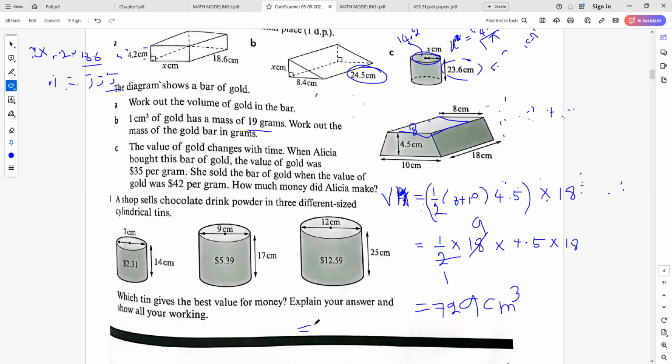So that is 729 times 19 grams, which is equal to 13851 grams.